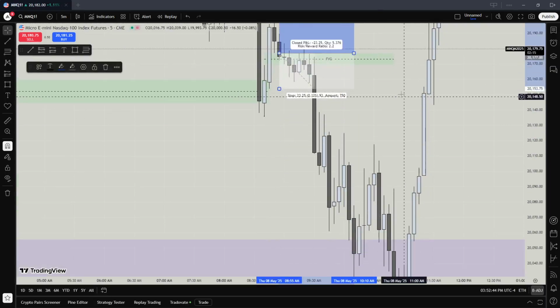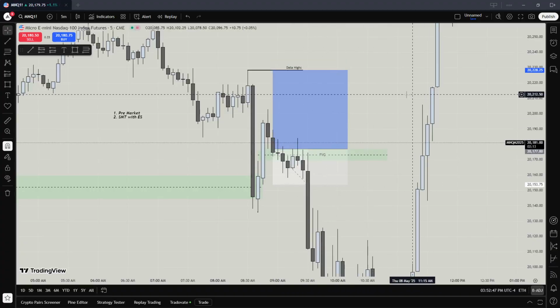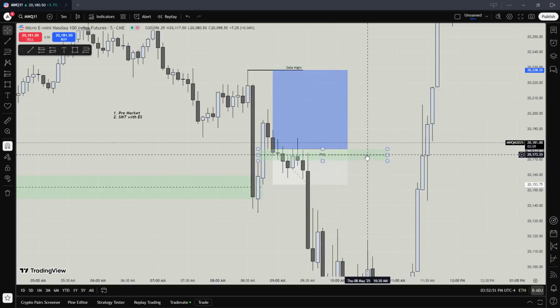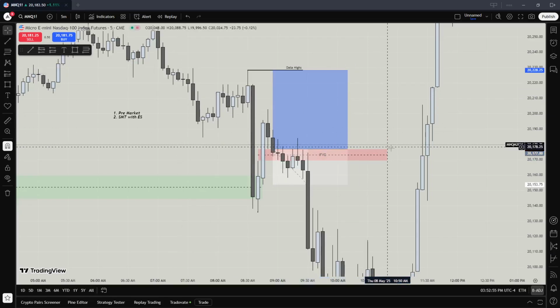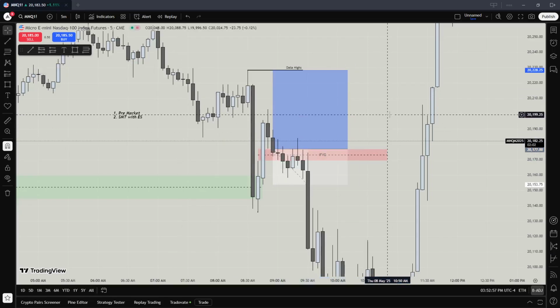This was my stop, but I closed early because I said in the Discord, if we close below this fair value gap and we inverse it, that'd make an IFEG. Then that's telling me we are going to go down because we are disrespecting bullish PD arrays. And if we're doing that, I know we need to go down prior to moving up.